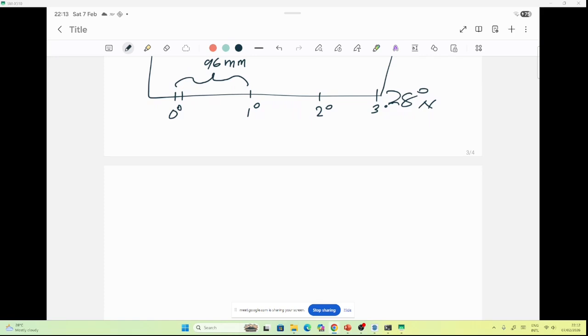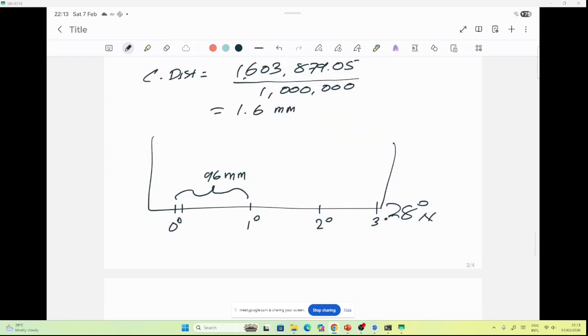All right. Okay. So now we need to find out where 29 degrees is, at what distance 29 degrees is going to lie.